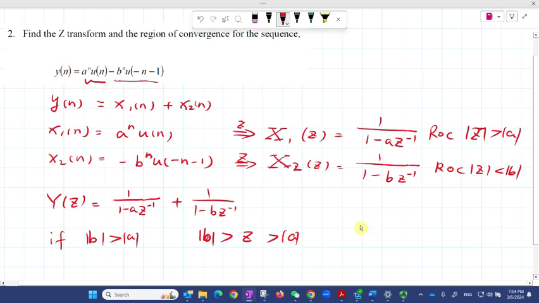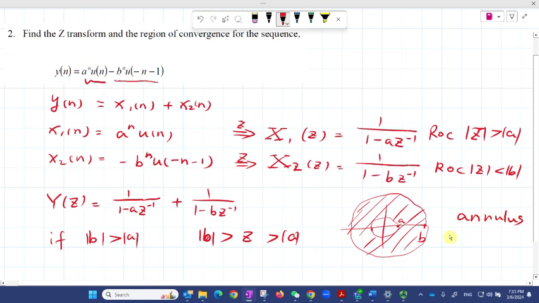If we draw that, sorry about my drawing, if this is a and this is b, then the region of convergence is this area. This shape is called an annulus.